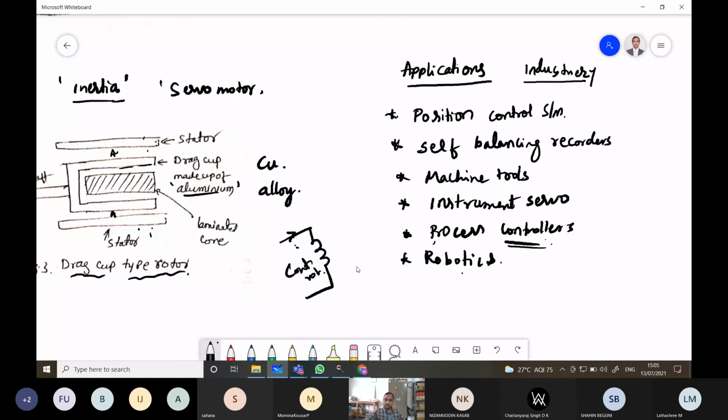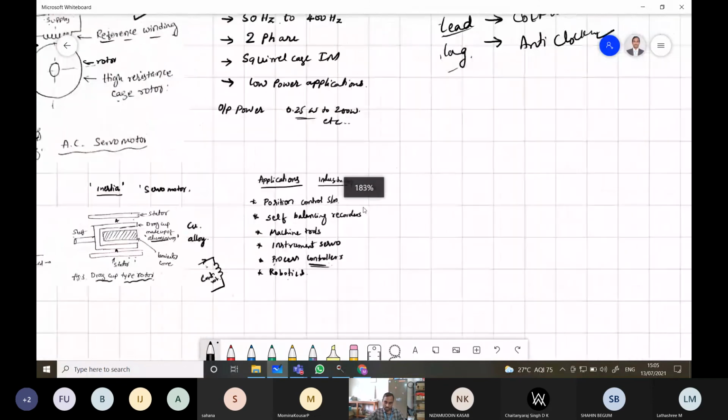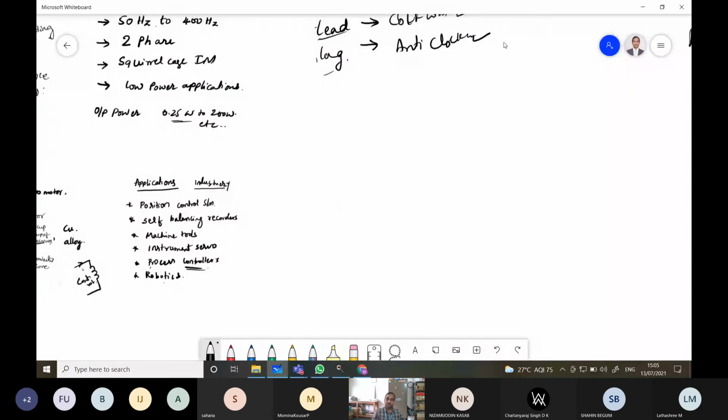Next class we will discuss the stepper motor and the different kinds of stepper motors.